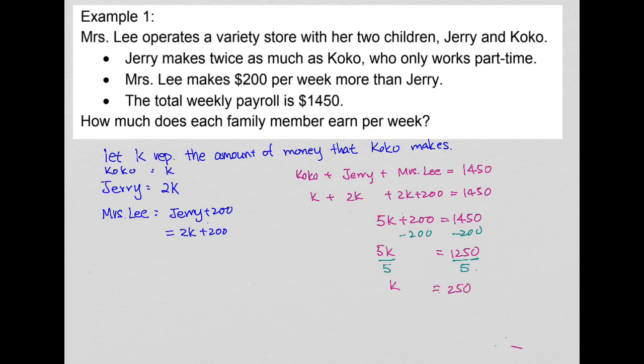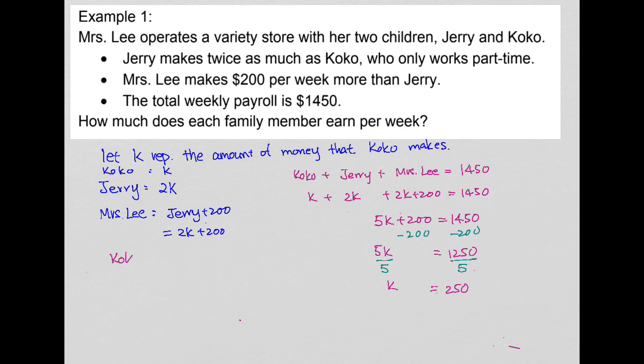So what does that imply? That means Coco is K, which is $250. Jerry equals 2K, which is 2 times 250, is $500. And Mrs. Lee is going to be Jerry plus 200, which is $500 plus $200, will be $700.